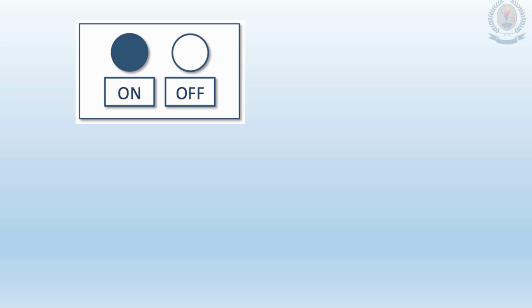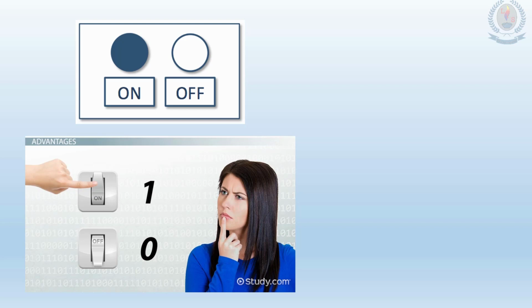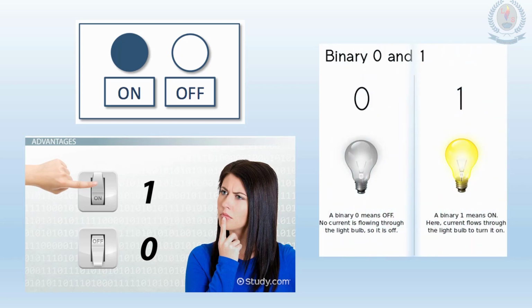If we talk further, let's say on and off is equal to 0 and 1. If the switch is on, then we can say that is 1, and if the switch is off, we can say that is 0. So if it is 1, then the light will light up.